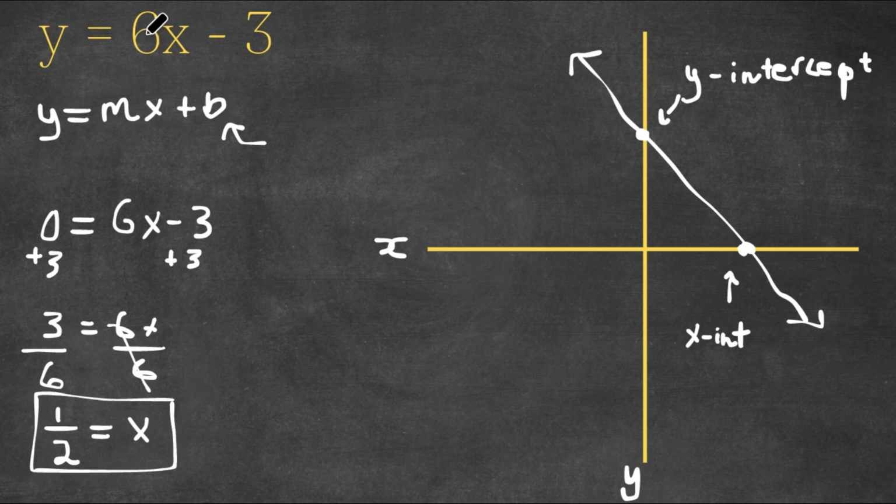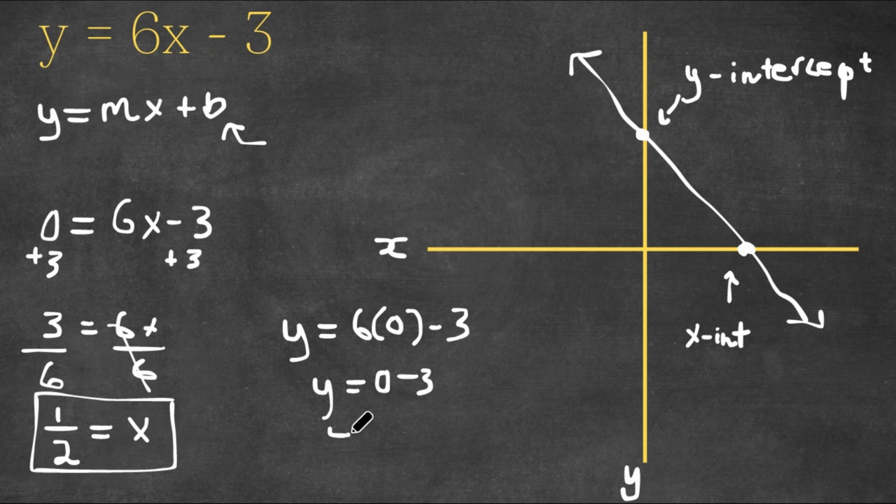Now for the y-intercept, we have to set x equal to 0. So we get y is equal to 6 times 0 minus 3, and 6 times 0 is simply 0. So we get y is equal to 0 minus 3, and 0 minus 3 is negative 3.